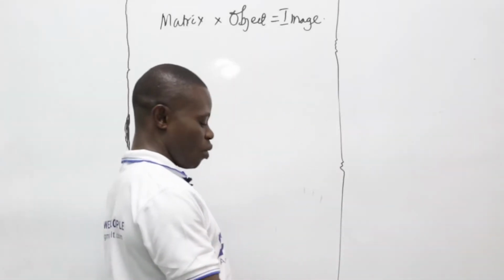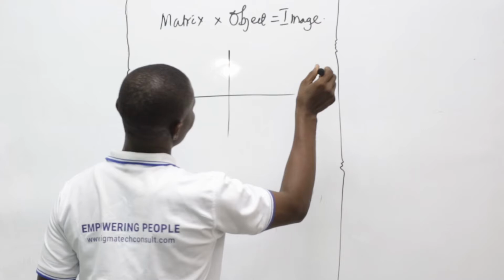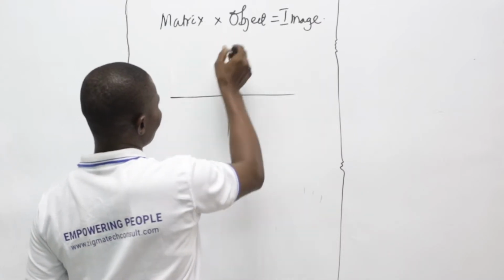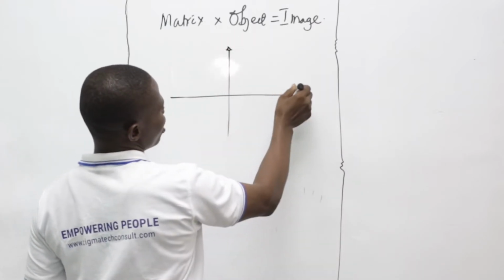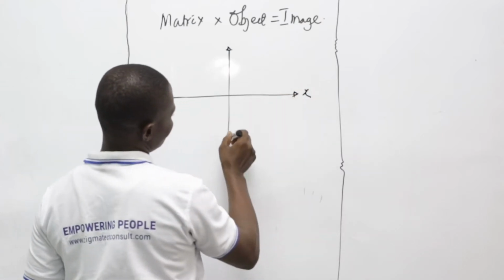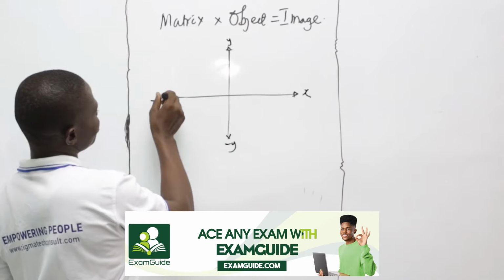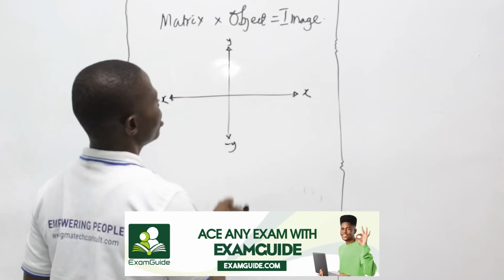It could be what? 270-degree anticlockwise movement. Let us take a look at when the rotation is just within 90-degree anticlockwise movement. Your cardinal points, that is the vertical axis and the horizontal axis, which we know to be y, minus y, x, minus x.